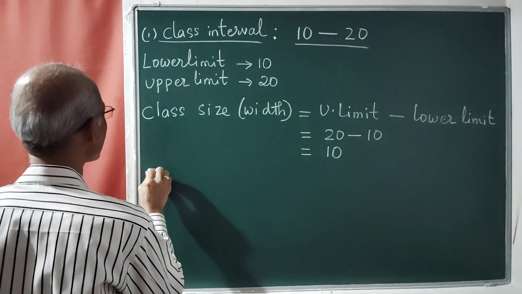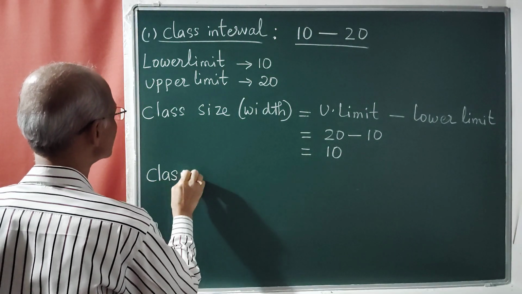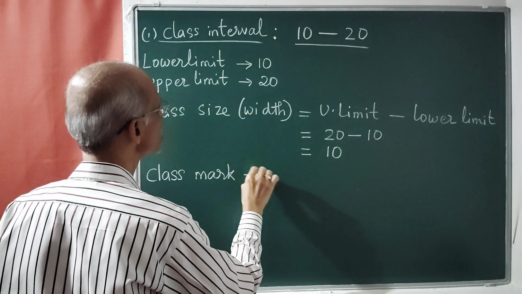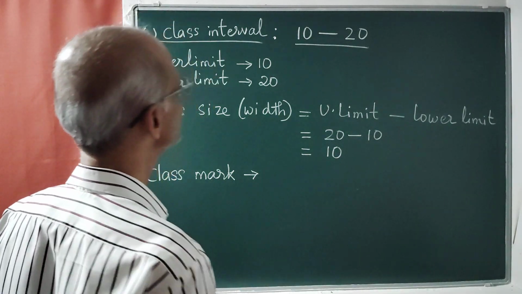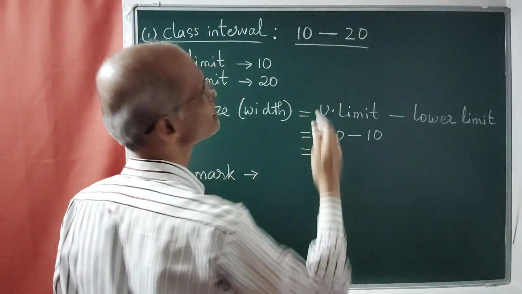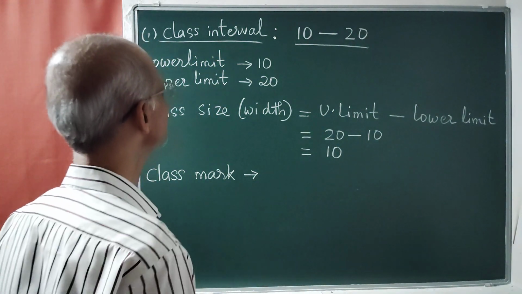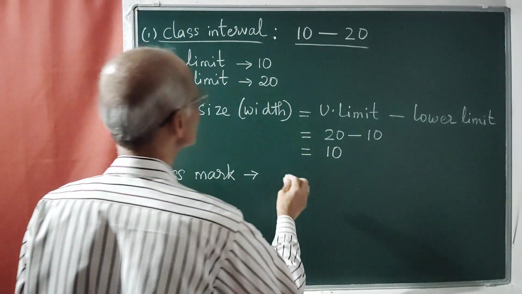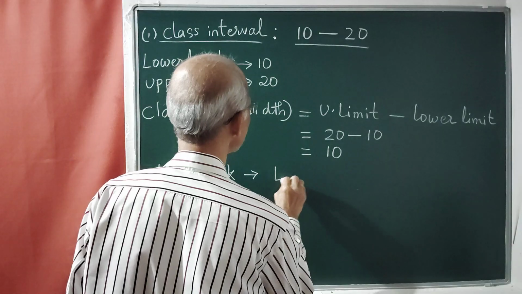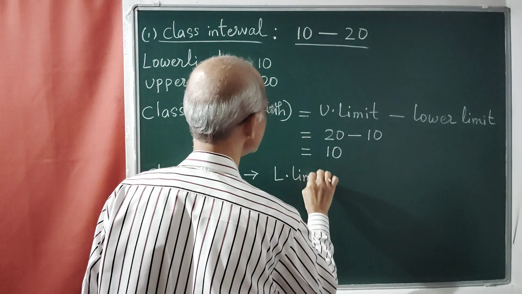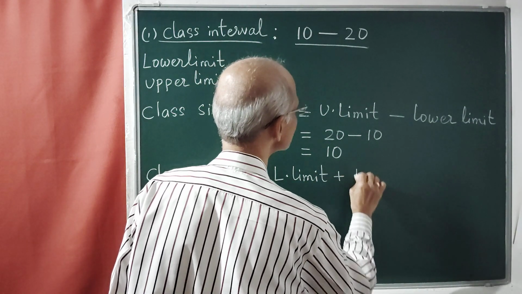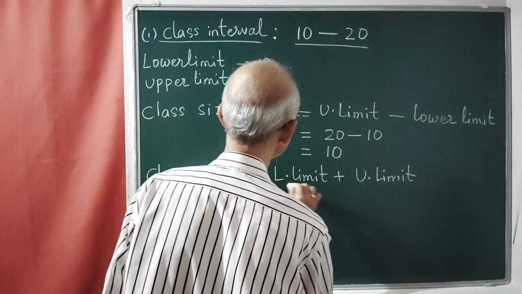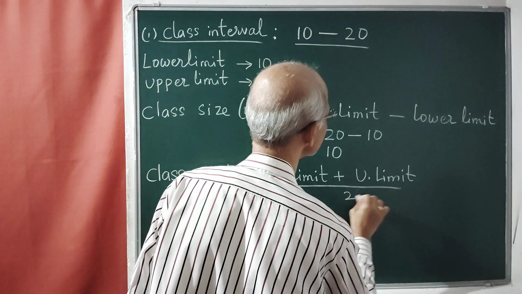Next is class mark. Class mark is the midpoint of the class. To find the class mark, we have to take lower limit plus upper limit, divide by 2, and we will get the class mark.